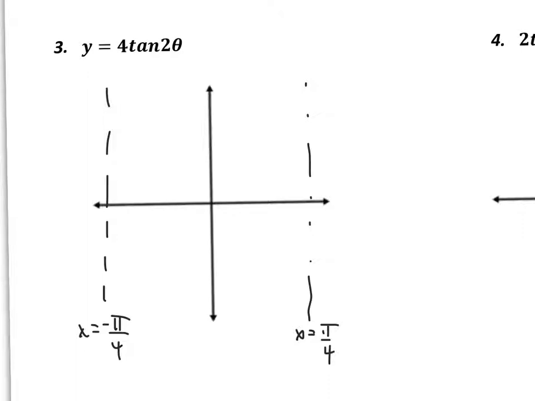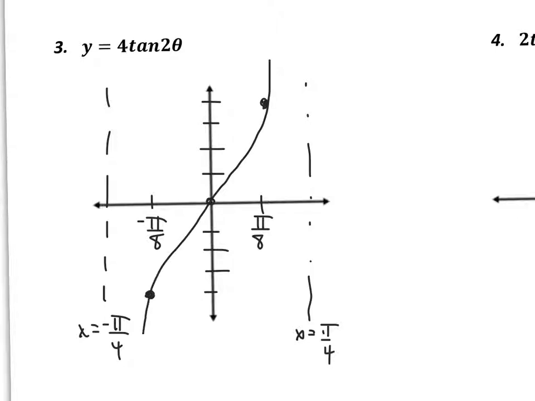So what are the new x values going to be in the middle, between the y-axis and the asymptote? Negative pi over 8 and pi over 8. And where are the y values going to be? At 4 and at -4. Okay, so we have a stretch of our tangent.